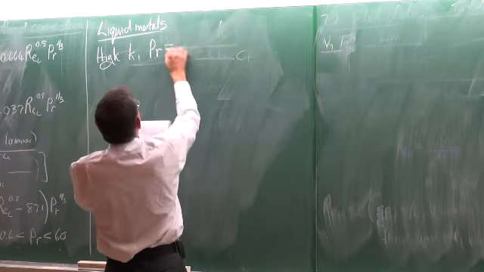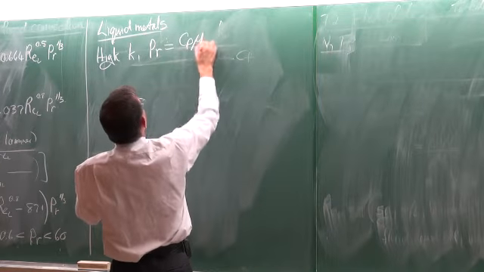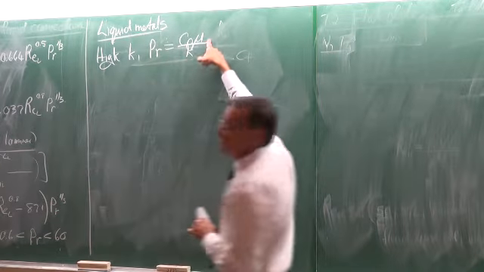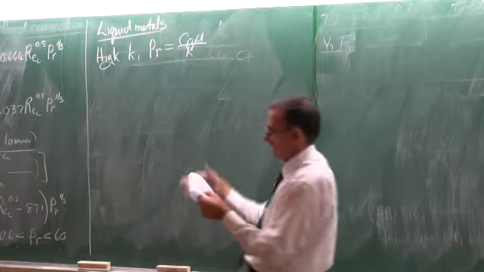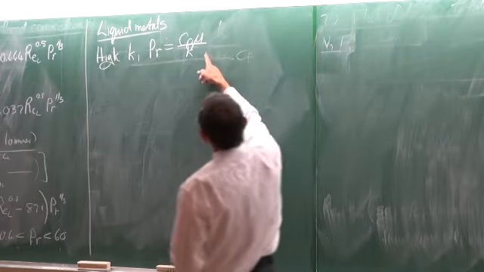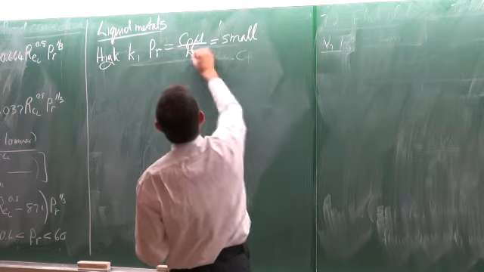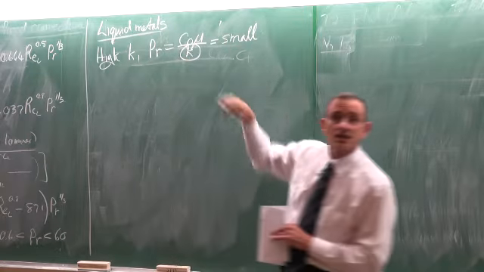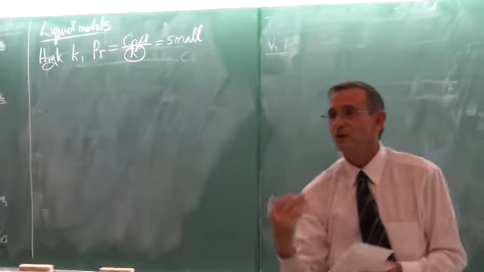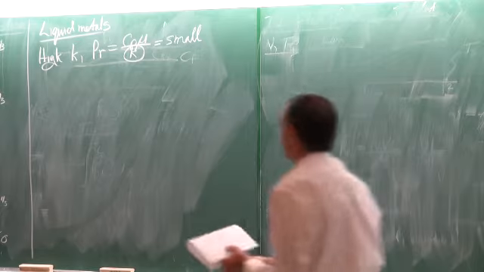The Prandtl number is Cp multiplied by the viscosity divided by k. And that is why the Prandtl number would be small, because if the thermal conductivity is very, very high, the Prandtl number is very, very small.